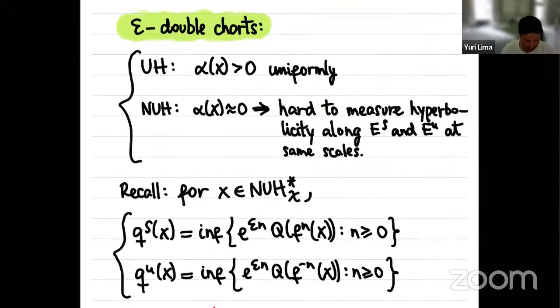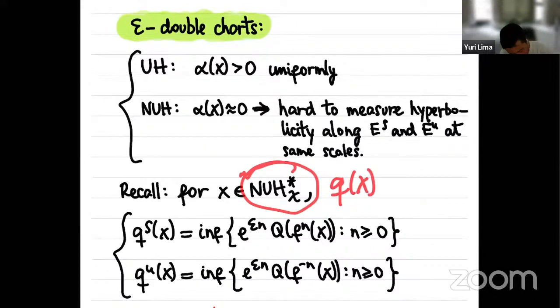The idea, or nowadays the easier way to explain this, is recalling what we already introduced for points in the NUH star subset. Recall that NUH star is the set of points in which the small q is bigger than 0. The small q allows you to consider graph transforms.